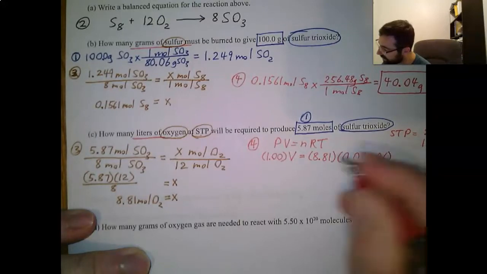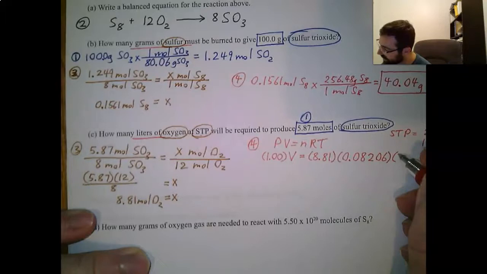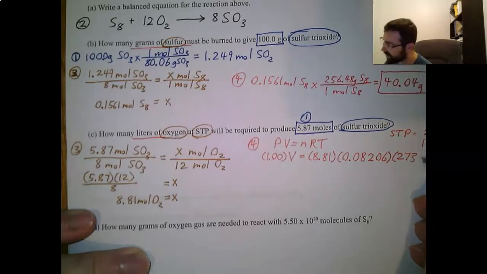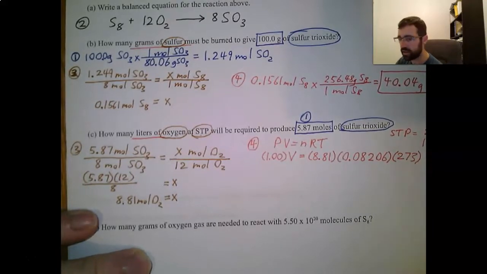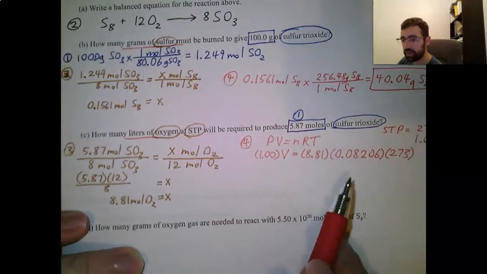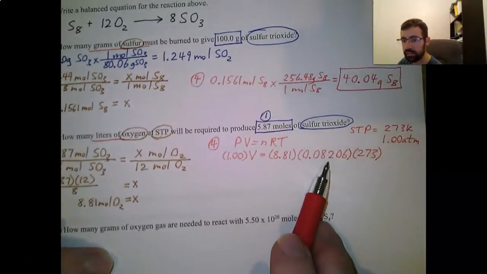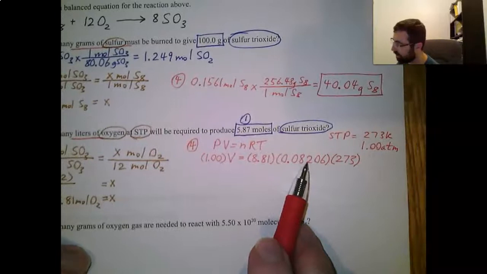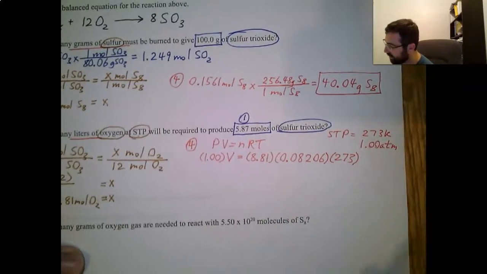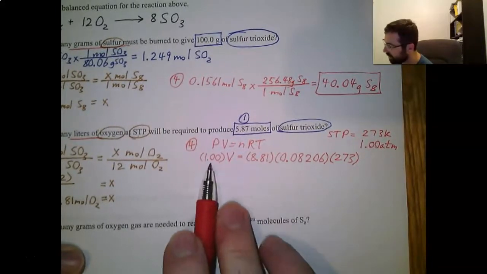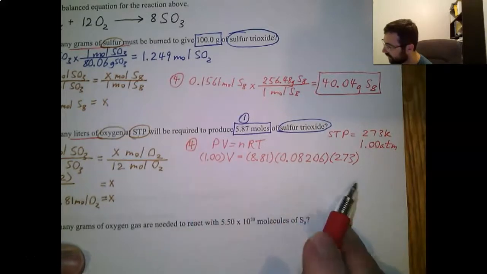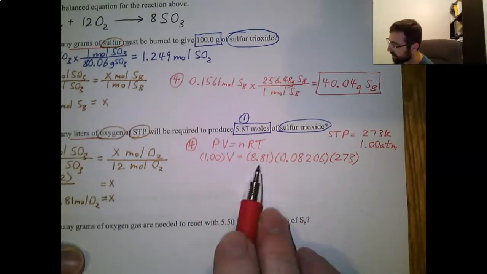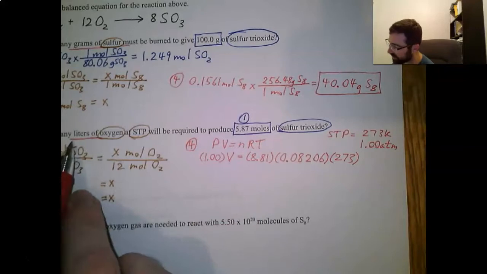And then T is 273 Kelvin. Now make sure that you always have the right units. If we're dealing with this number, 0.08206, we've got to be in liters, atmospheres, Kelvin, and moles. So I have moles, I have atmospheres, Kelvin. I'm going to find liters, and that's what I want, liters.